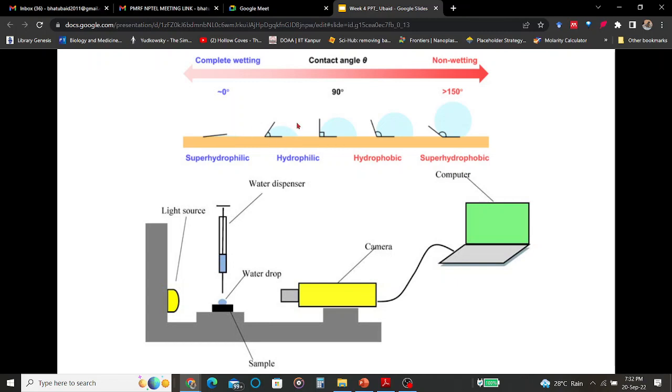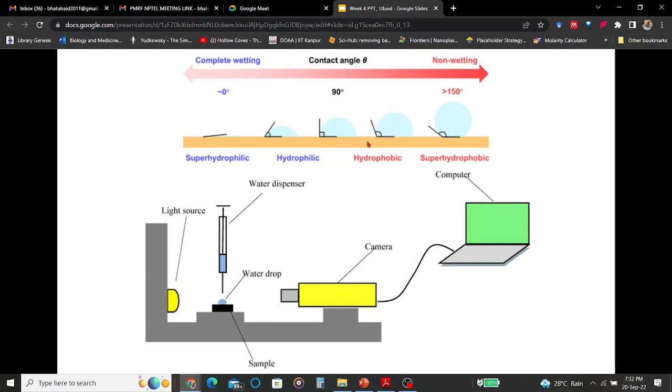And if it is hydrophilic but not that much, the water droplet will disperse to some extent, but not fully. So the angle between the upper line of the water droplet and the surface is called the contact angle, and this contact angle is measured.